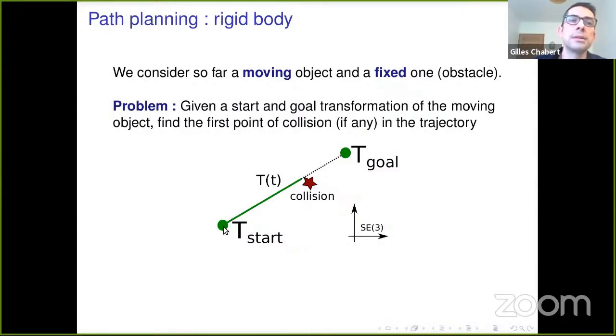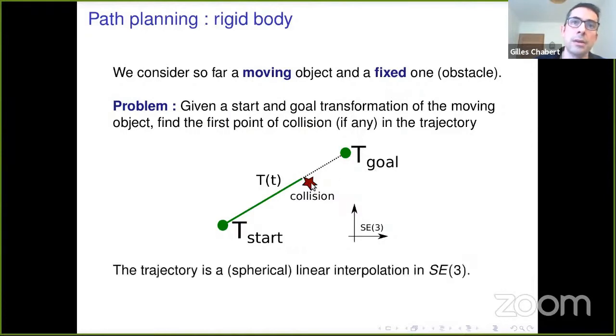What it does is, given an initial starting pose of the moving object and a target pose of the moving object, it calculates the maximal displacement you can do with the moving object to reach the target pose until a collision occurs. Here the trajectory is, as you expect, an interpolation in the set of space isometries.